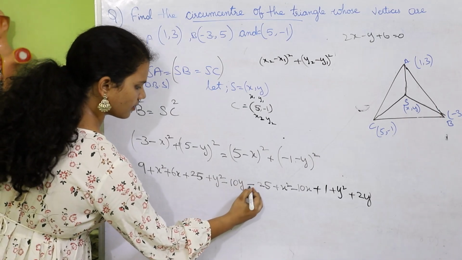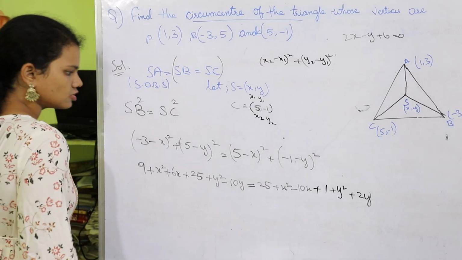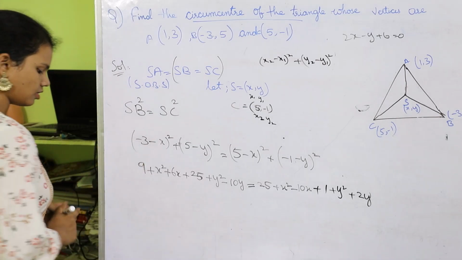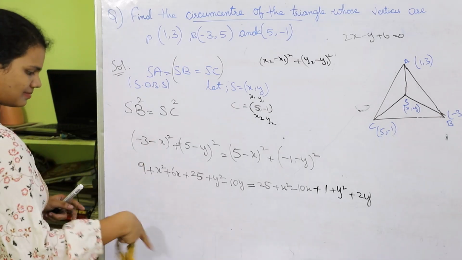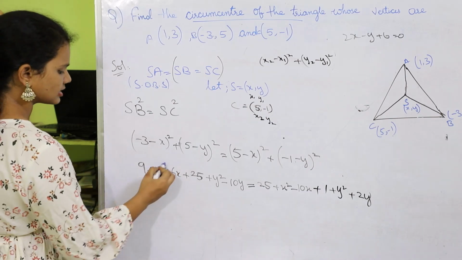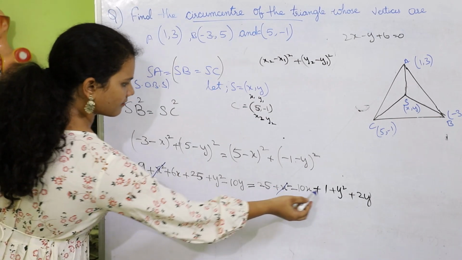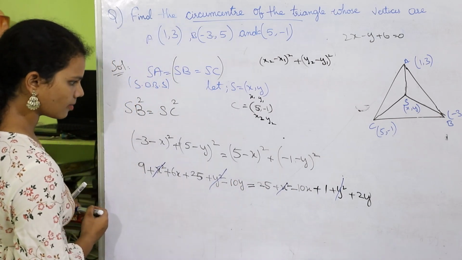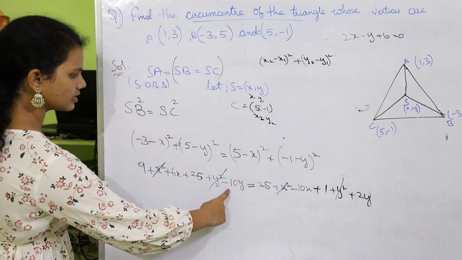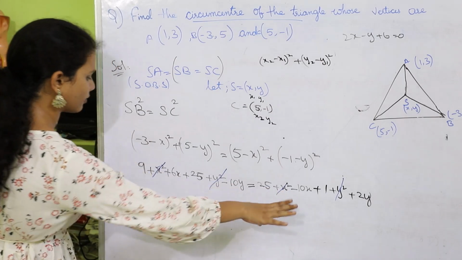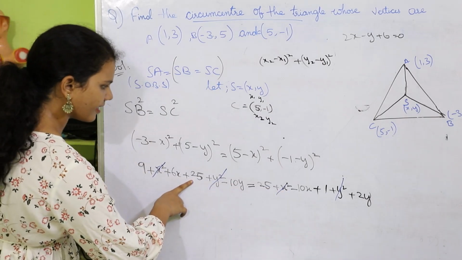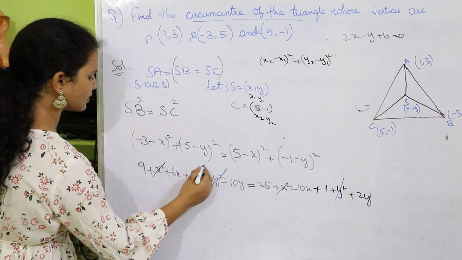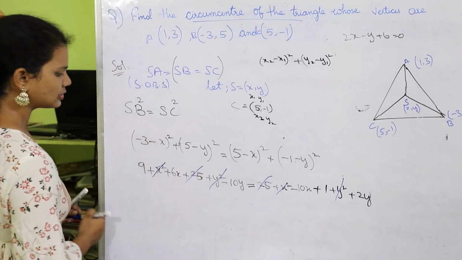Now okay. So guys, here you try to simplify this problem. Here x square cancels, right? y square cancels. Here you also have y square. And do you get any common thing here? You have minus 10x. 25 here, I have 25 here, so 25 cancels. Plus 25 plus 25, right?